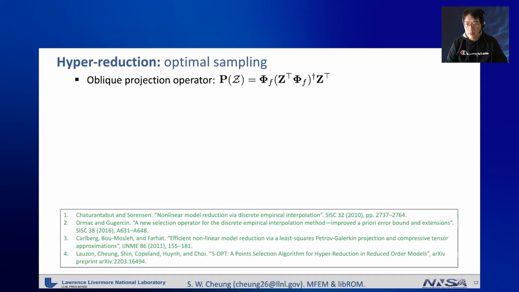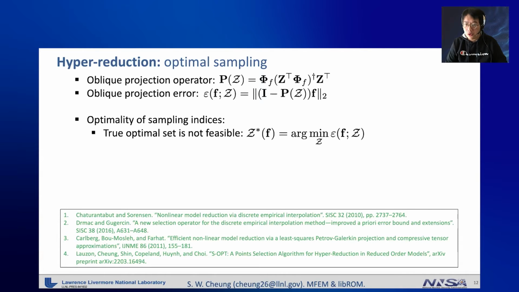One crucial remaining question is how we determine these sampled indices. If we randomly select these indices, we may end up with inaccurate approximations of the nonlinear terms and therefore the solution. We note that the hyper-reduction actually introduces an oblique projection of the nonlinear term to the subspace. Therefore, the oblique projection error shall be minimized among all sets of sample indices.